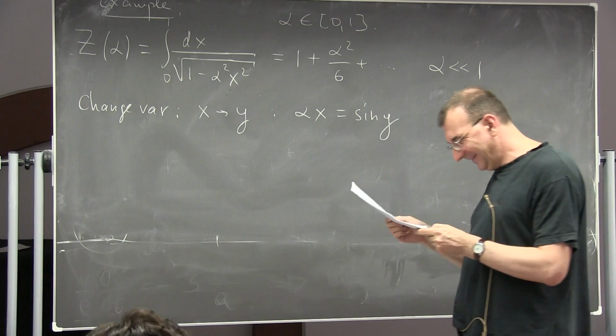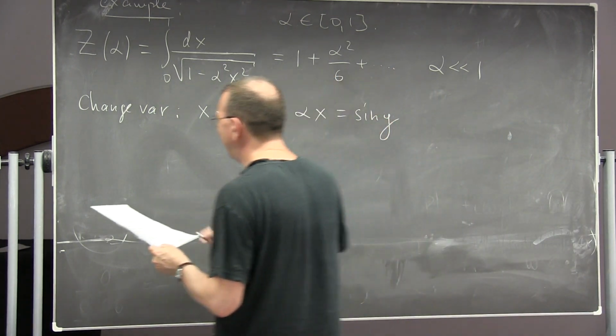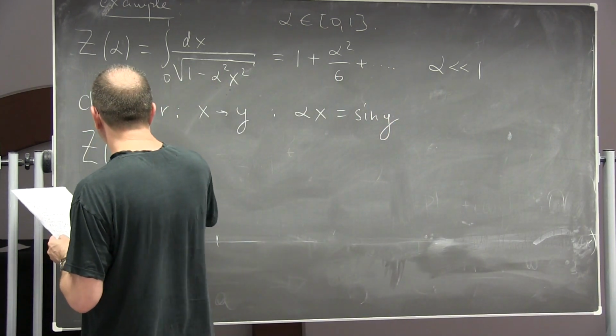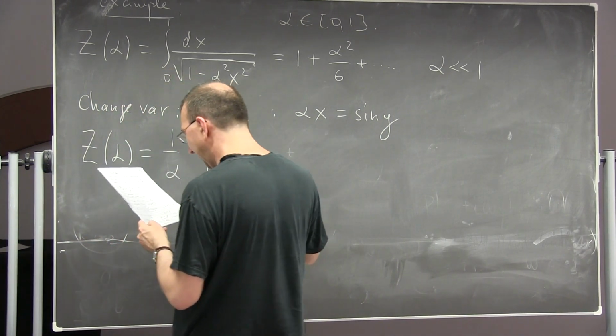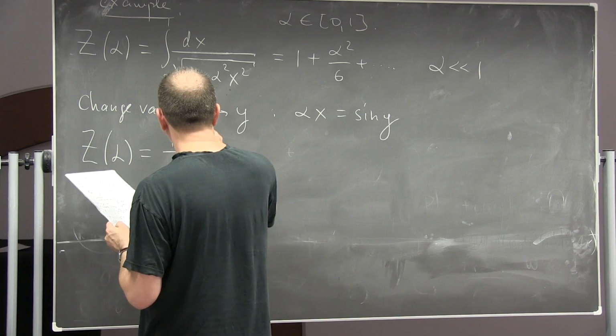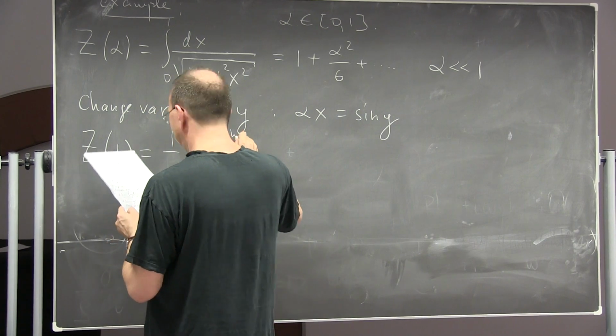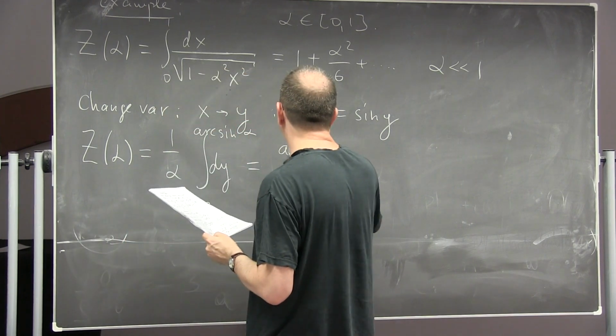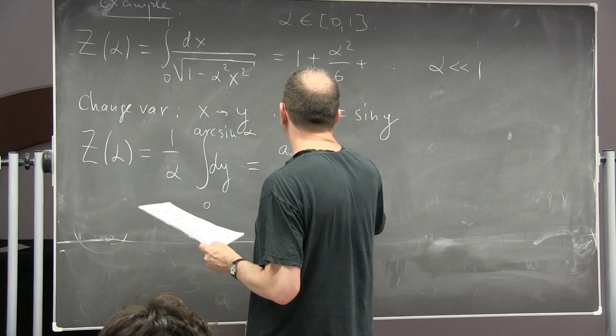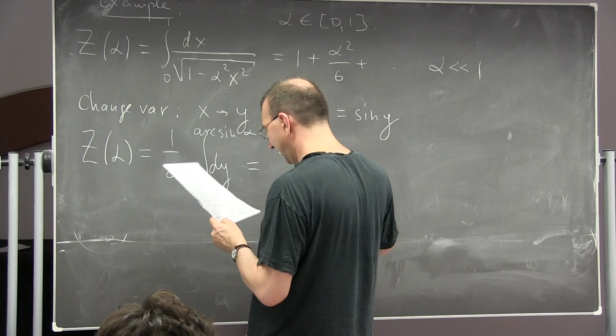And indeed, if you change variables like this, then Z of alpha will be 1 over alpha times the integral from 0 to arcsine of alpha of dy, and therefore you happily get the exact answer.